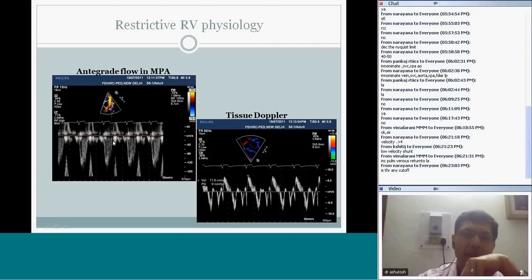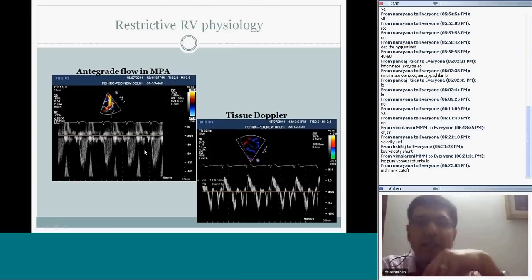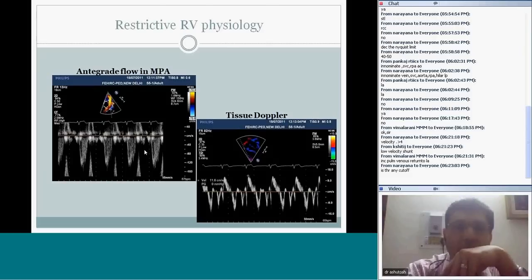Some patients are lucky, they have what we call a restrictive RV physiology. A restrictive RV physiology is marked by the presence of antegrade flow in the MPA during each cardiac cycle, and a flow velocity of around 50.5 is considered appropriate to call it a restrictive RV physiology.